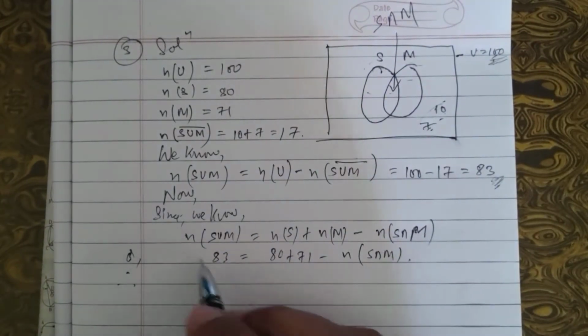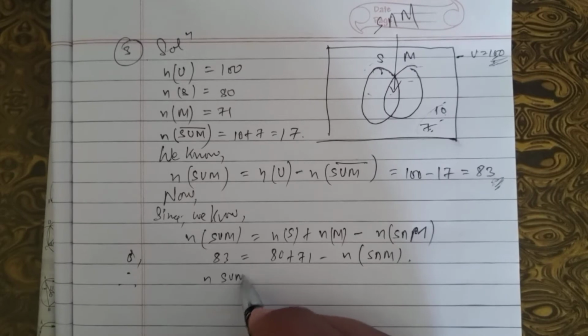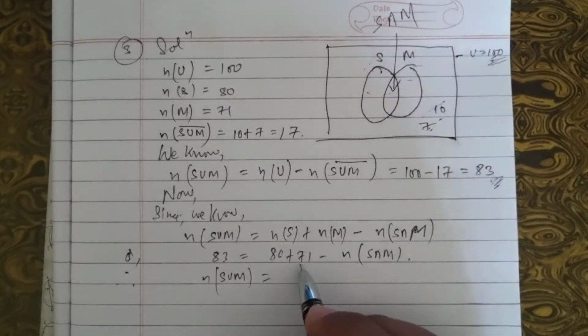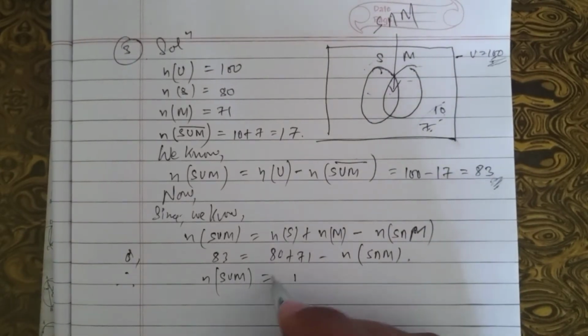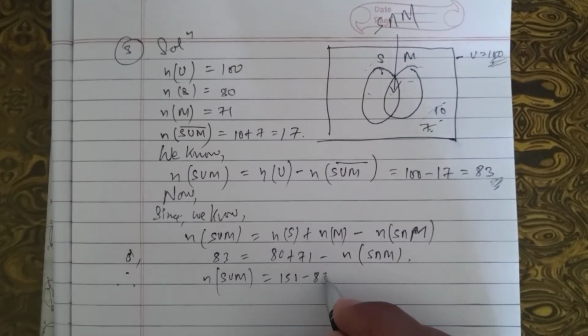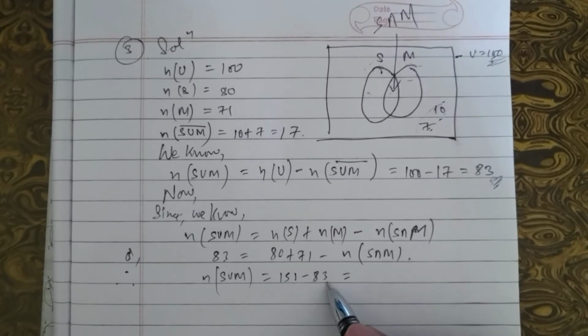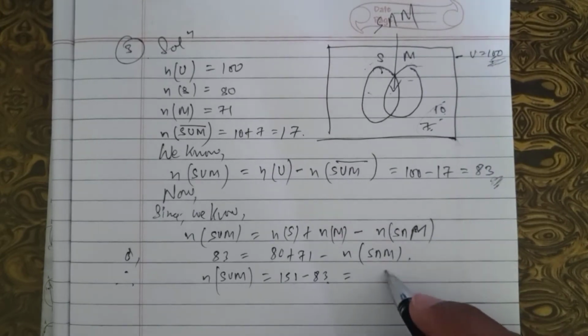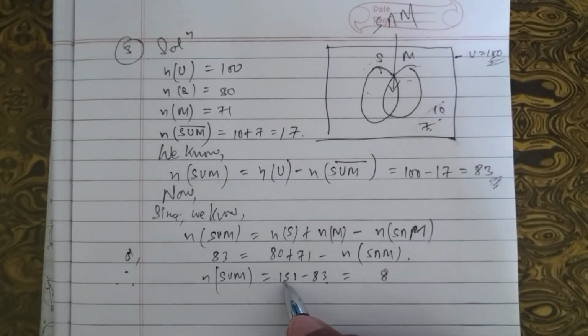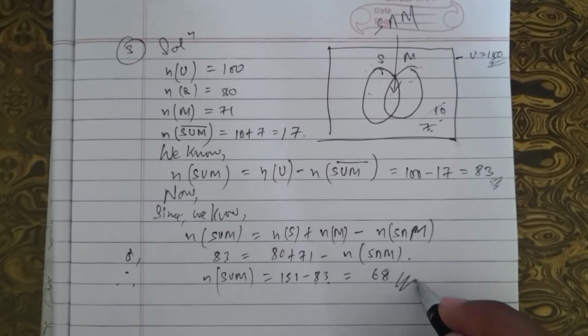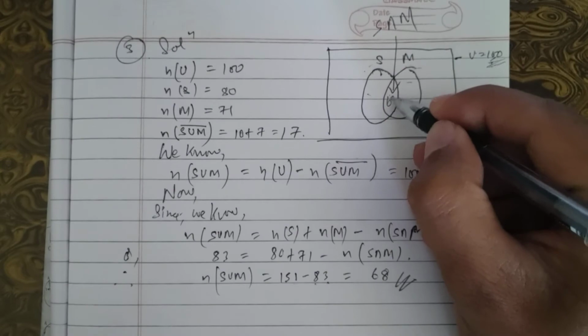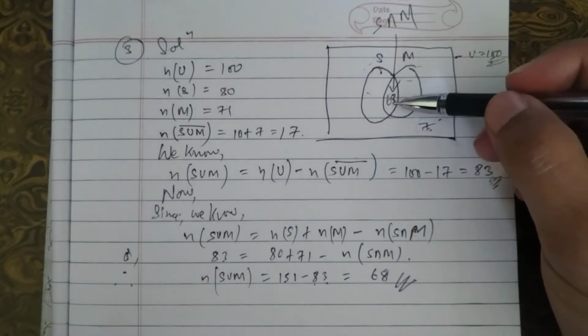And then if you compute it, this will be 151 minus 83, right? So how much will we get? 11 minus 3 will be 8, right? And then 14 minus 8 will be 6, so 68, okay? So the number of students who passed in both will be 68.